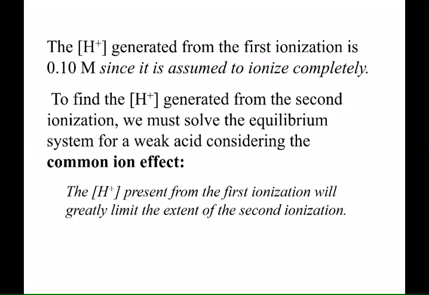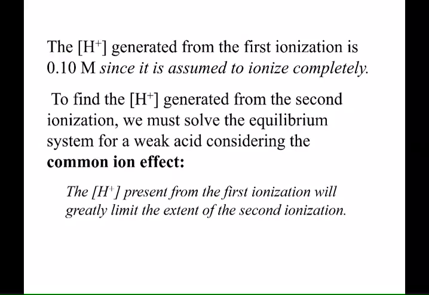If I write my ice table, initial, change, and at equilibrium for the second ionization, my columns go like this: HSO4 minus, H plus, and SO4 2 minus. Initial concentration of your HSO4 minus, 0.10 molar. Where'd that come from? The first ionization. Initial concentration of your hydrogen ion, 0.10 moles per liter.